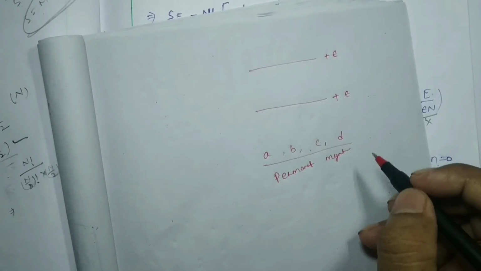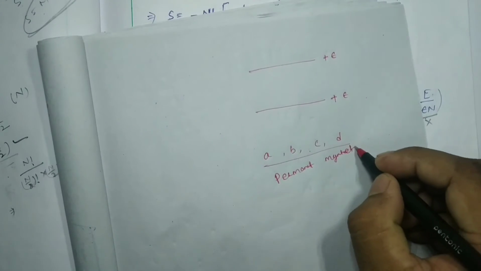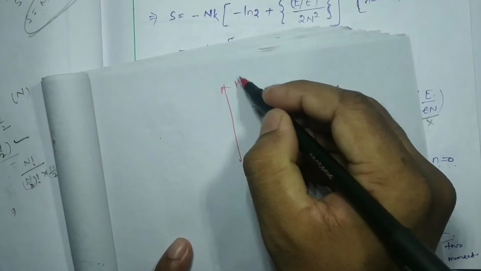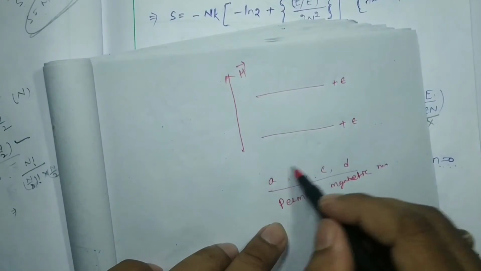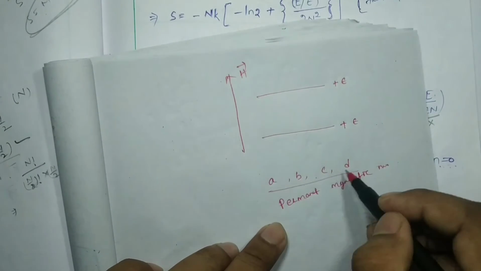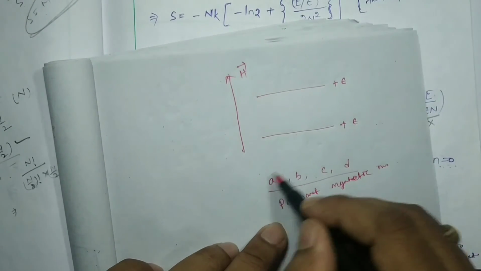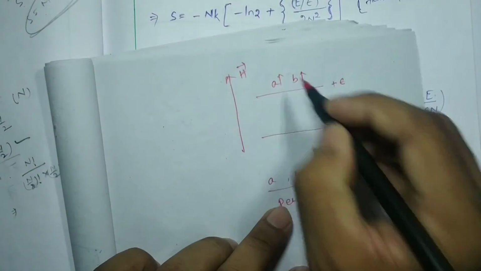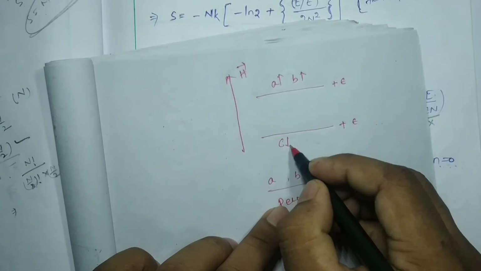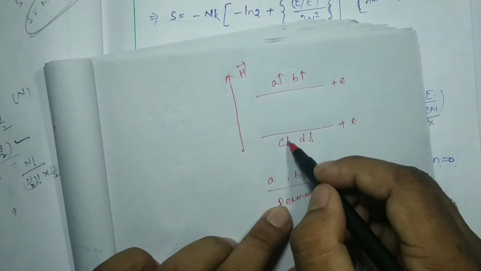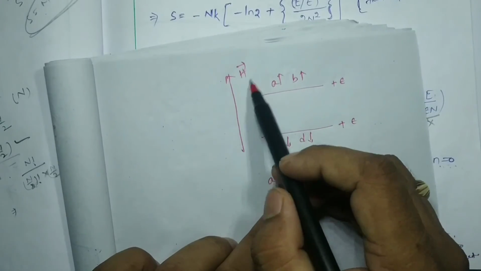So whenever we apply the external magnetic field, due to their permanent magnetic moment, let two particles among them, suppose A, B, be aligned parallel with the applied magnetic field, and C and D aligned antiparallel with the applied magnetic field.